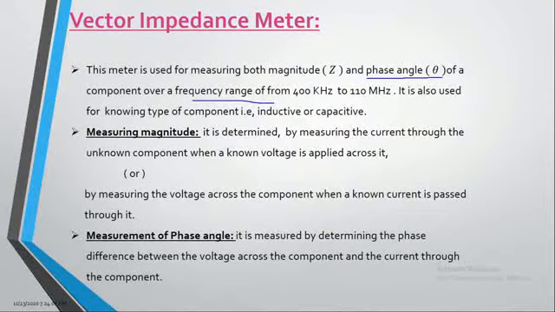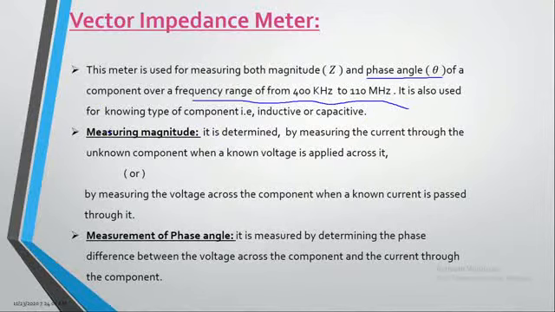We can apply the signal over a frequency range of 400 kilohertz to 110 megahertz. This meter is especially used for measuring both the magnitude and the phase angle of a component over that frequency range, and also for knowing the type of the component.